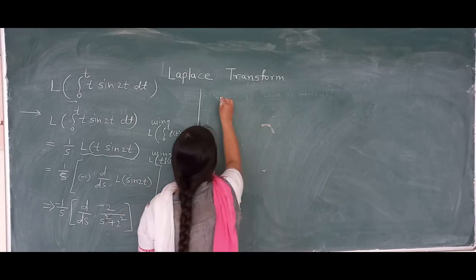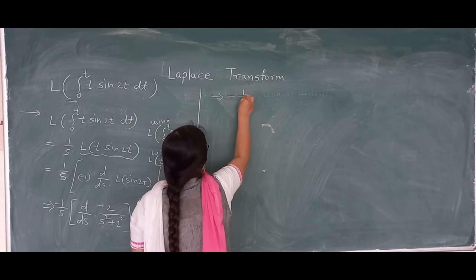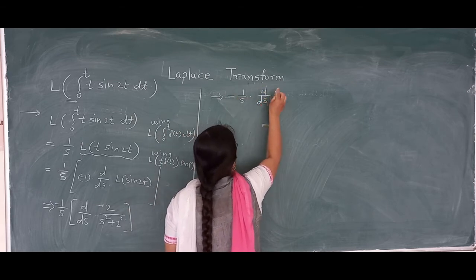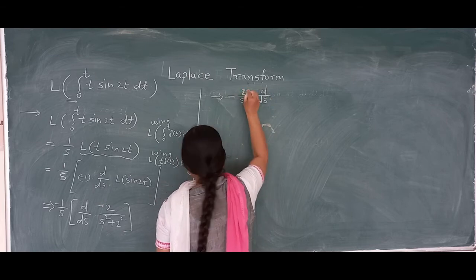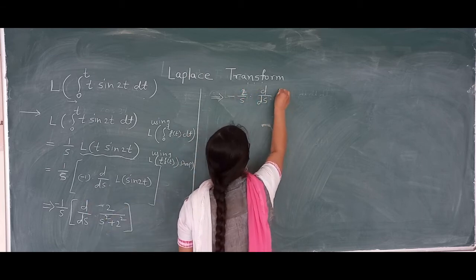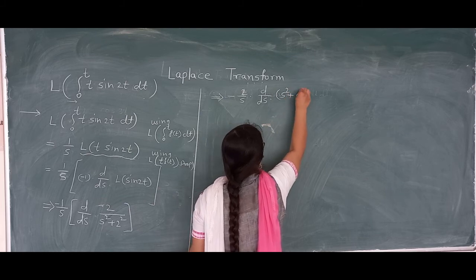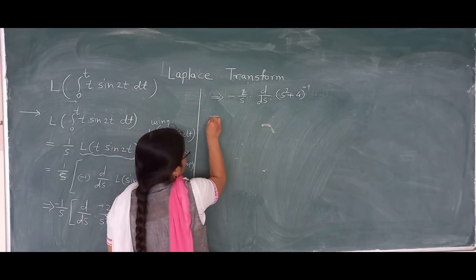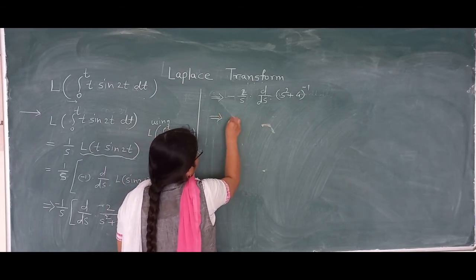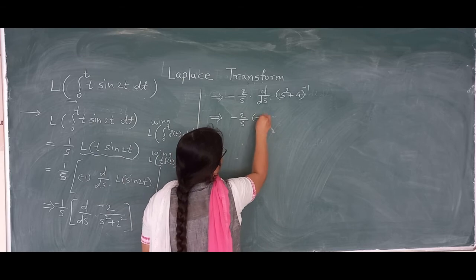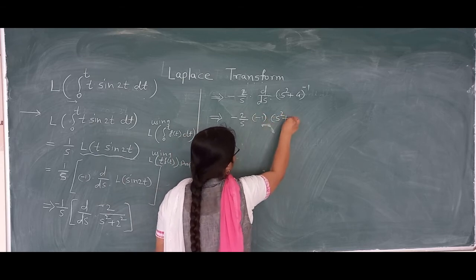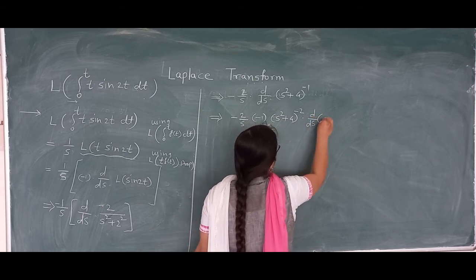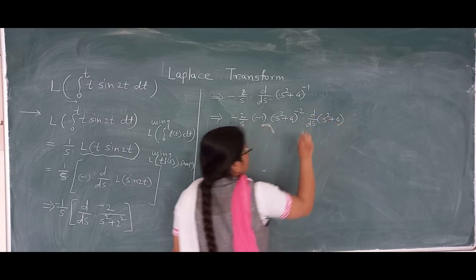And therefore the answer is minus 1 by s d/ds of, I take 2 outside the d/ds also, s square plus 4 raised to minus 1, is equal to minus 2 upon s, minus 1, s square plus 4 raised to minus 2 into d/ds of s square plus 4.